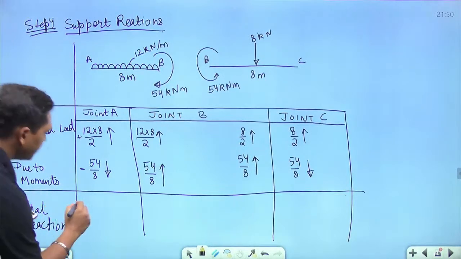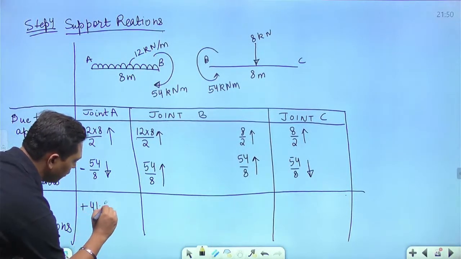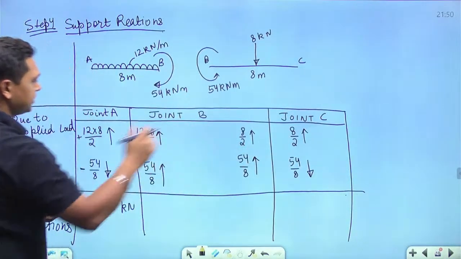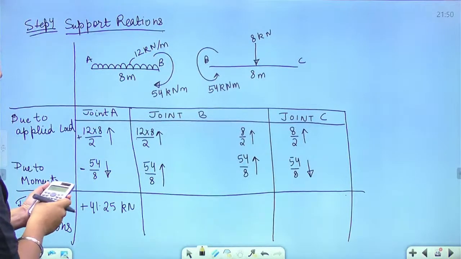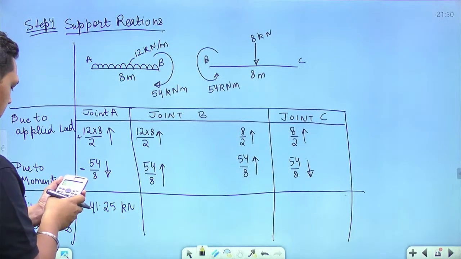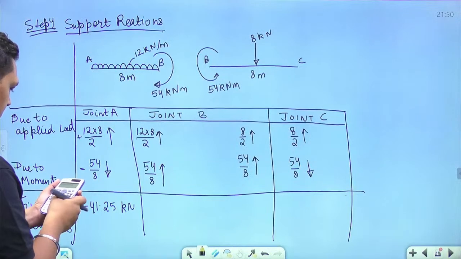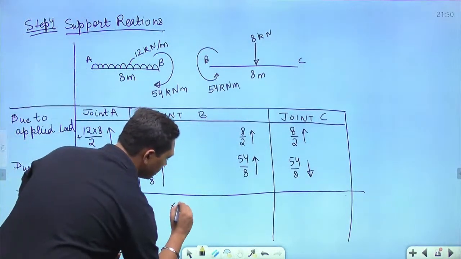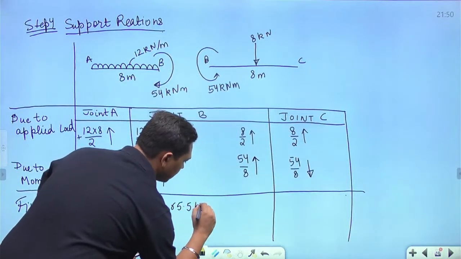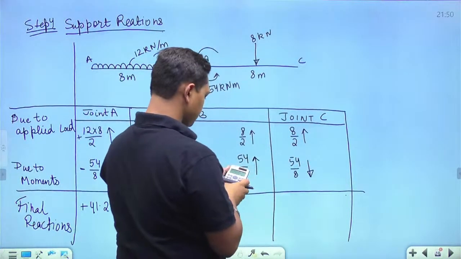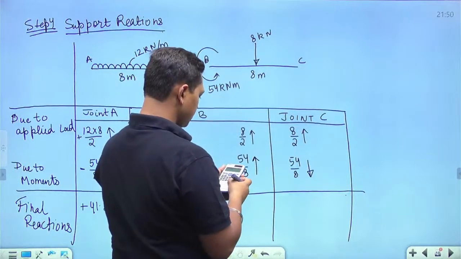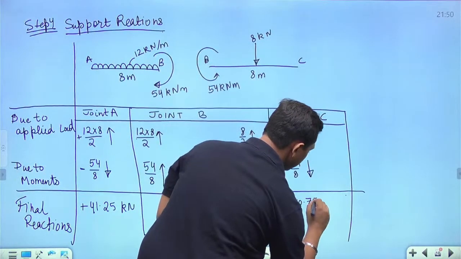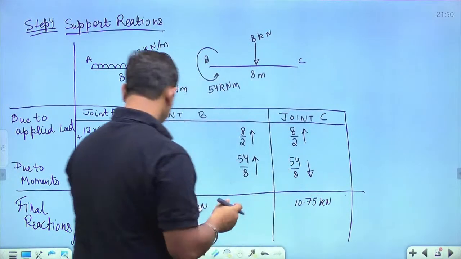So this will come out to be equal to plus 41.25 kilonewton. Add all this. 65.5 kilonewton, and this one 10.75 kilonewton.